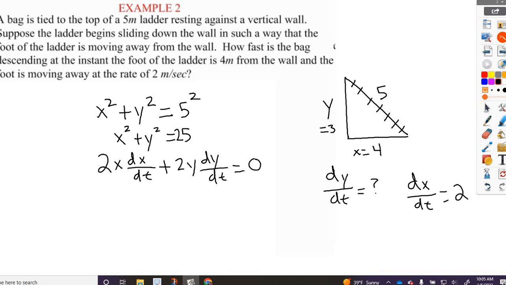So again, we are solving for dy dt. Do we have all of our other information? They didn't technically give us the y, right? But again, with the information that they gave us, we were able to find it. So we have all of our needed information. So we have 2 times 4 times 2, plus 2 times 3 times dy dt equals 0.